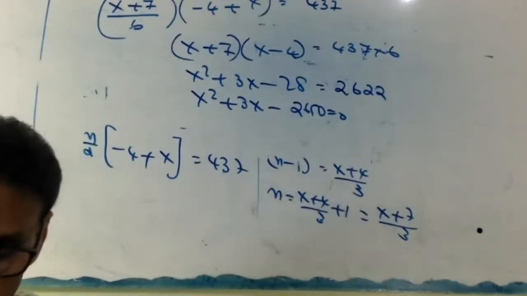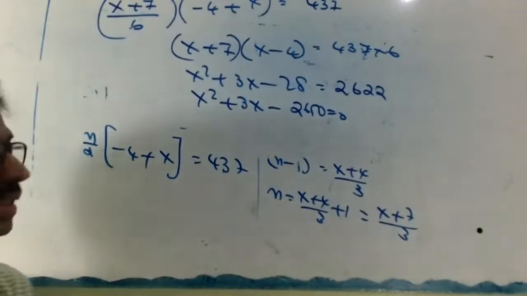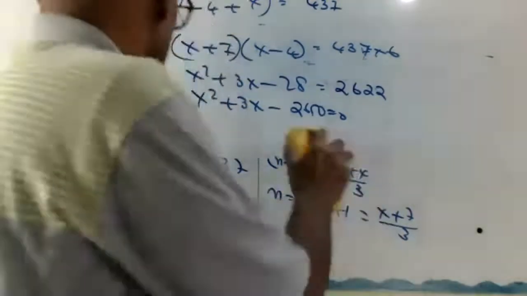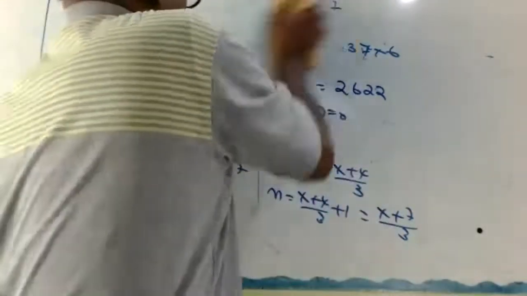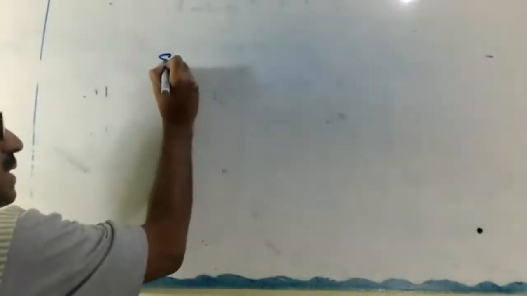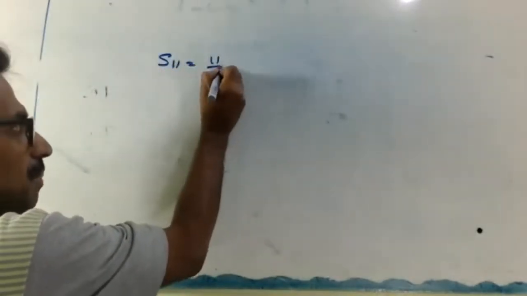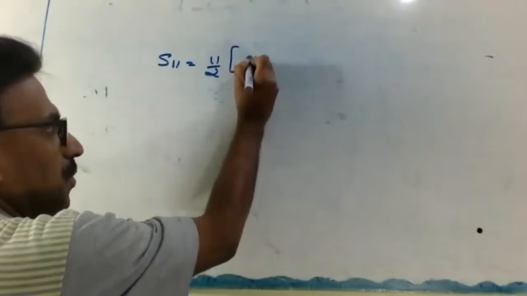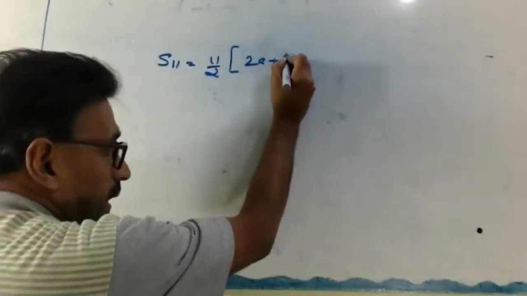Okay, I'll show this one. Look here. The question is saying, find the sum of 11 terms. S11 equal to 11 by 2 into (2A plus 10D).